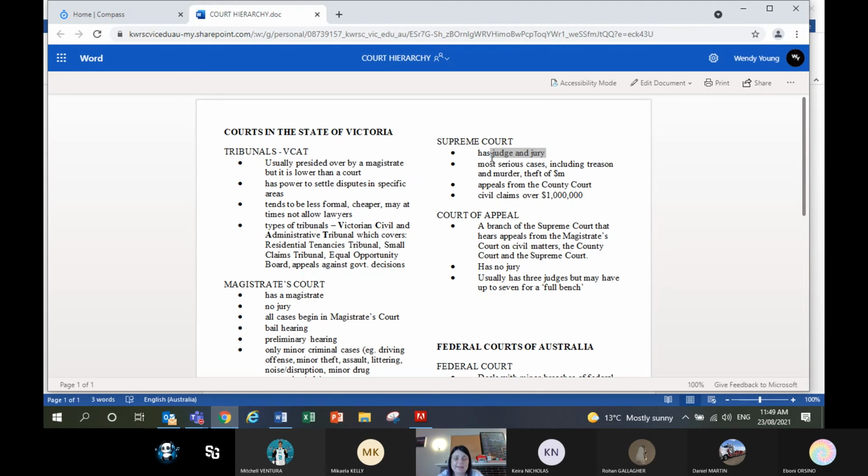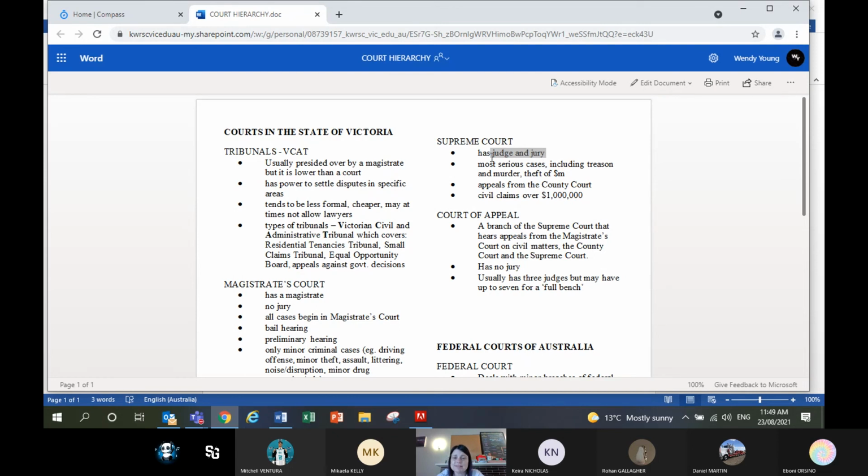They will sit there and listen to a case, and at the end of the case, they have to give a verdict on whether or not they find the person guilty or not guilty. If they find a person guilty, it is up to the judge presiding to decide on what the penalty or the punishment will be, whether it be a fine, whether it be jail, etc.